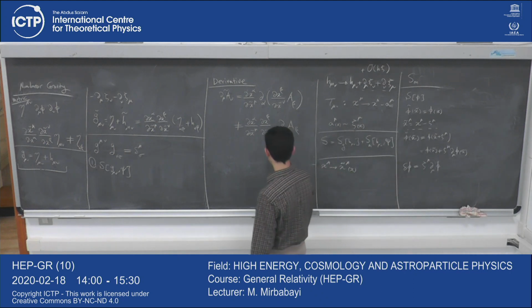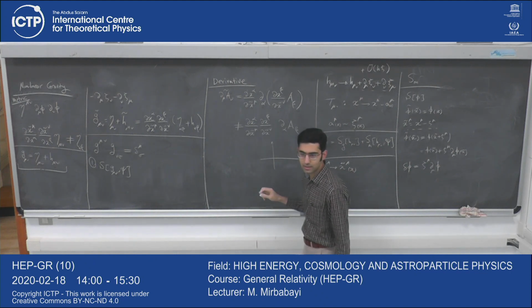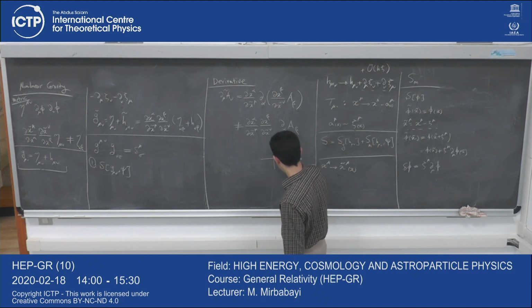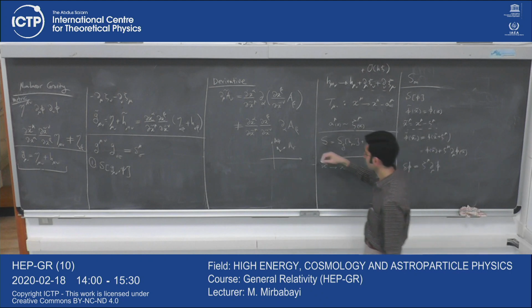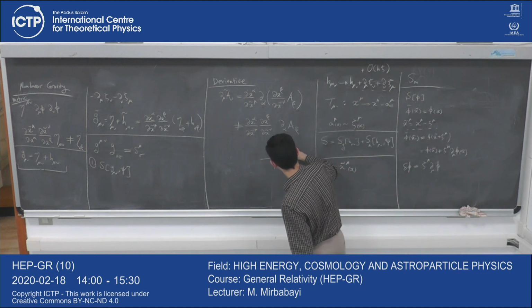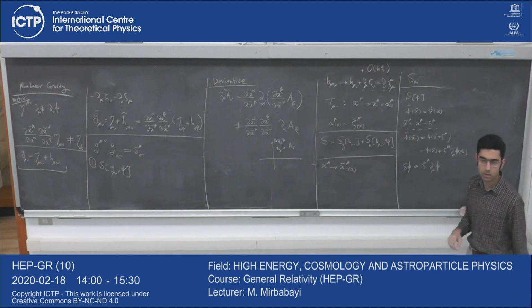Say, for instance, if we consider polar coordinates, then just on a plane we can consider polar coordinates, in which case we have the r and theta components of a vector field. So if this is our A, there will be A r and A theta.